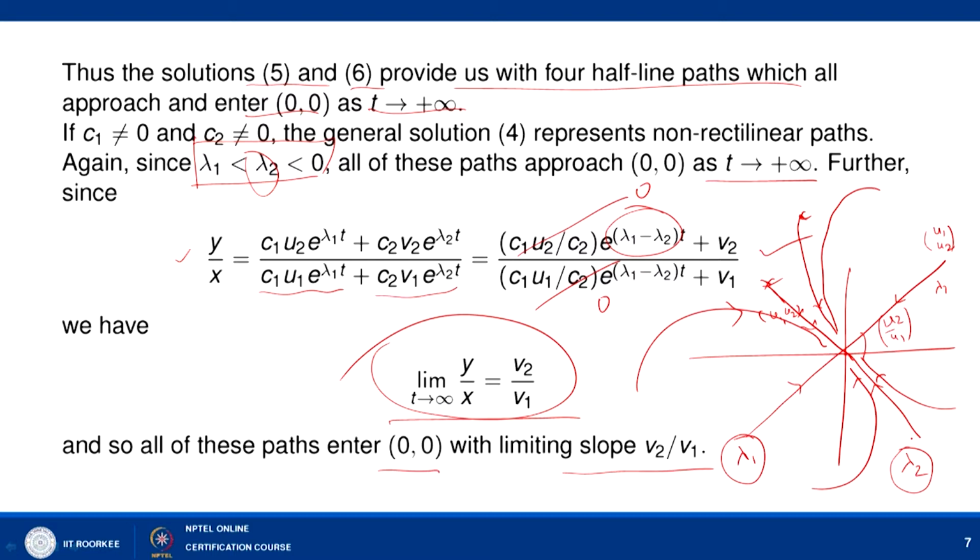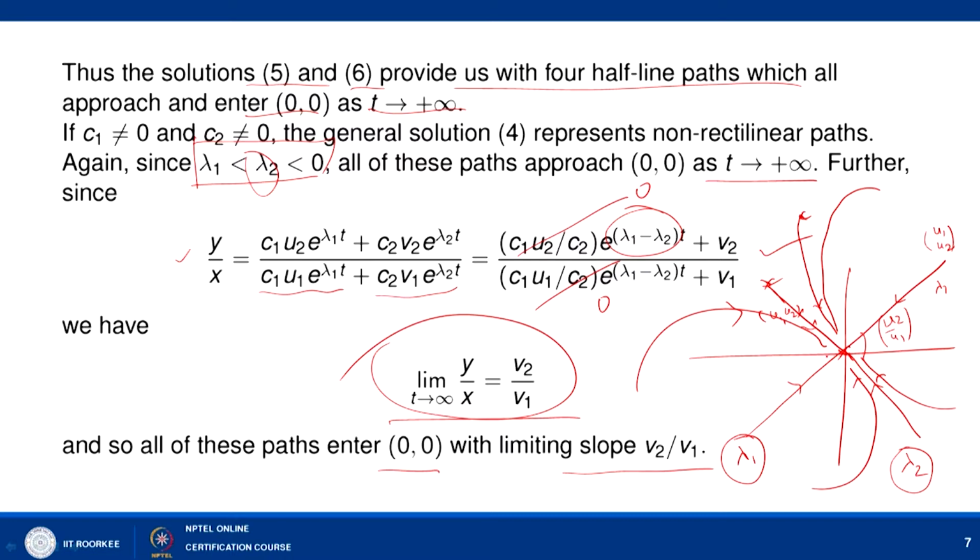So, in this case the origin (0, 0) is a stable node, because all the solutions are tending to (0, 0), in fact entering (0, 0) along a line with limiting slope v2 by v1. Since it is entering (0, 0), it is an asymptotically stable node.